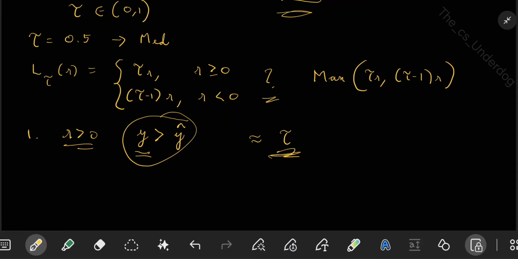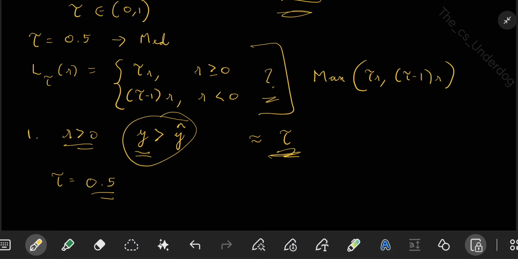The logic of penalizing differently: let us say your value of tau is equal to 0.5. I'm just trying to show you what happens when you penalize underestimation and overestimation differently and equally. In case your tau is 0.5, what happens? Both of these will have equal penalization.